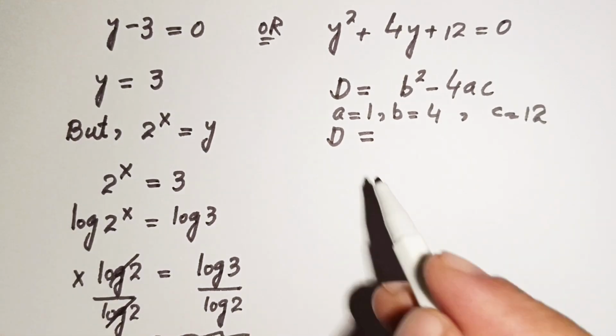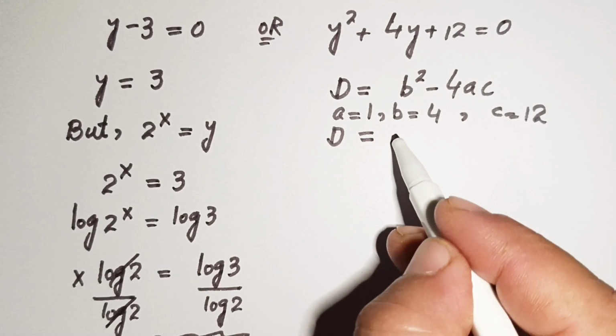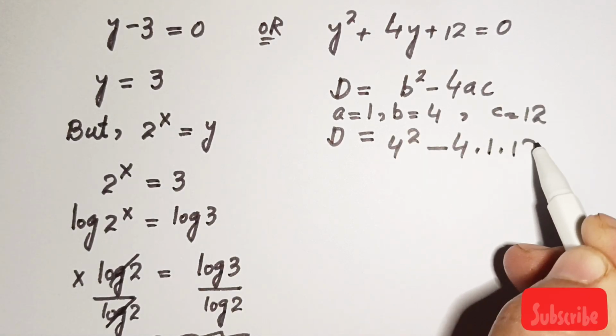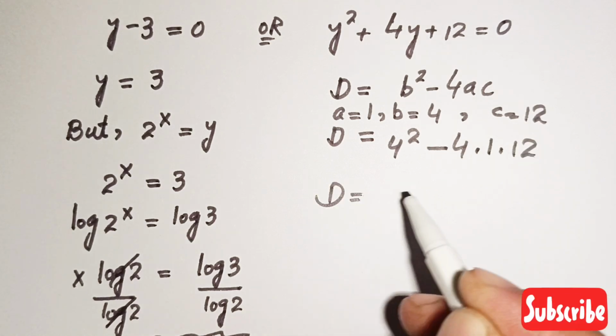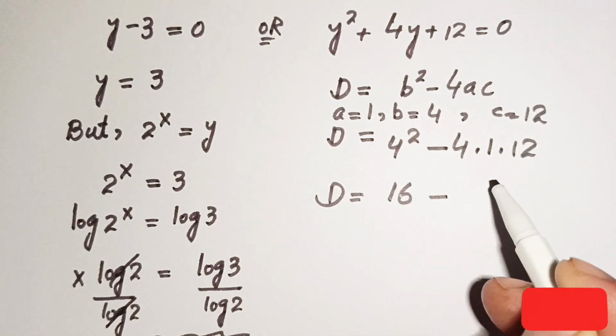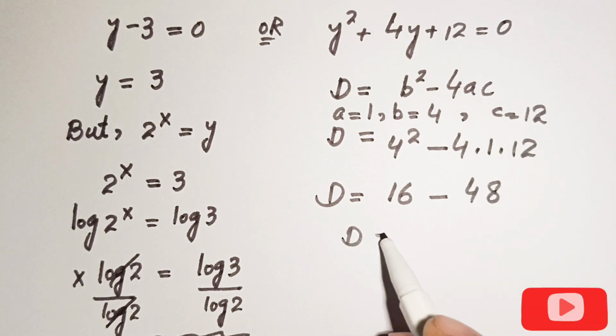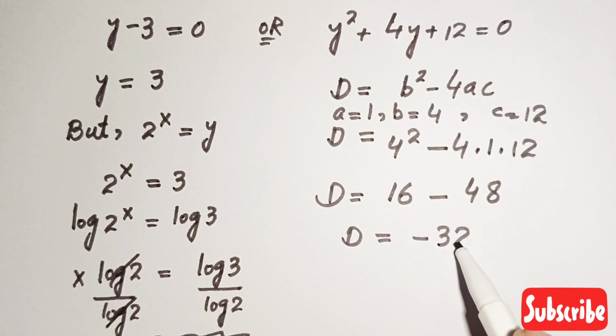So the determinant is 4 squared, which is 16, minus 4 times 1 times 12, which is 48. Here we get the determinant equal to minus 32.